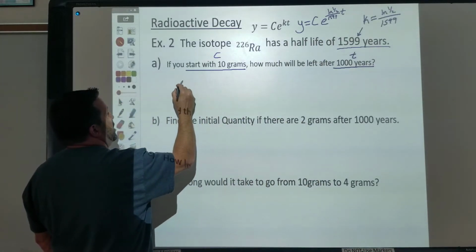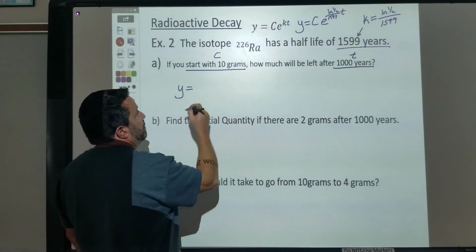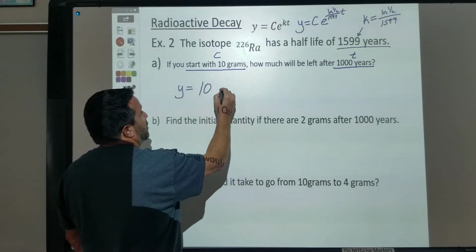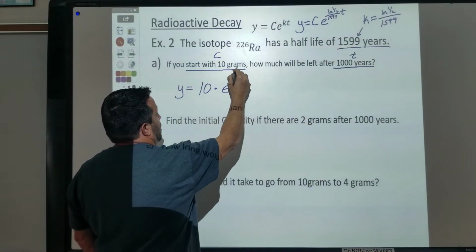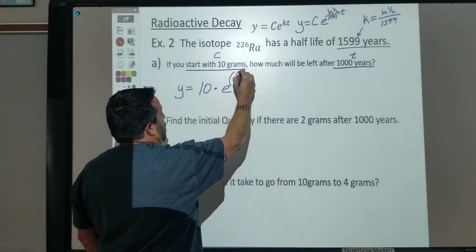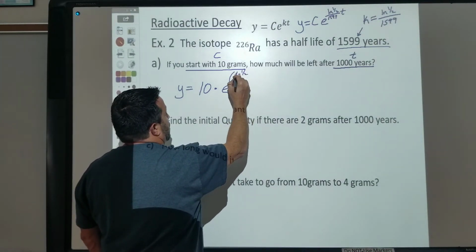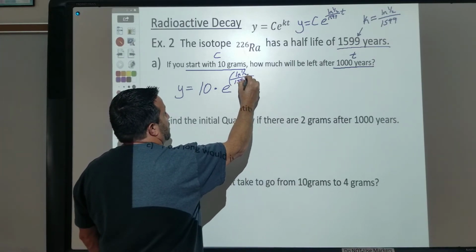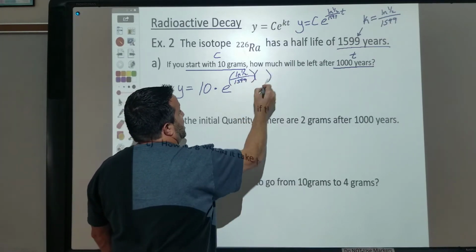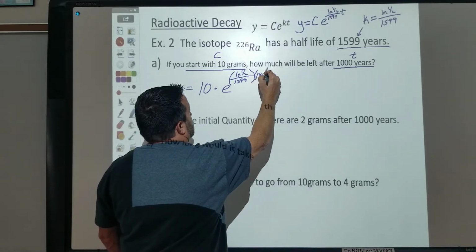So y equals, and I had 10 grams to start with, times e to the natural log of 1/2 over 1599 times t, which is 1,000.